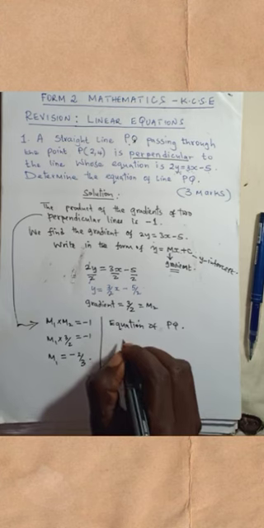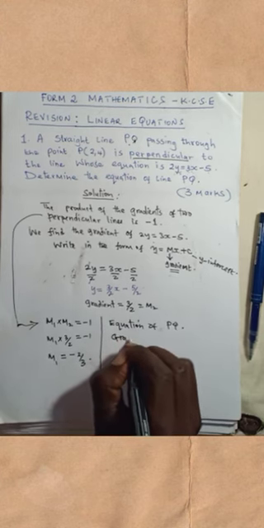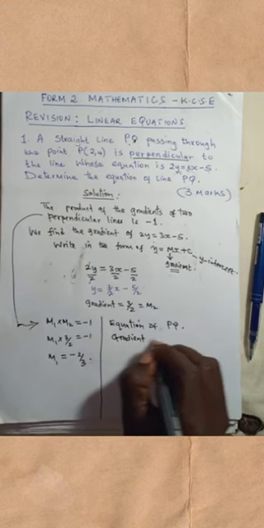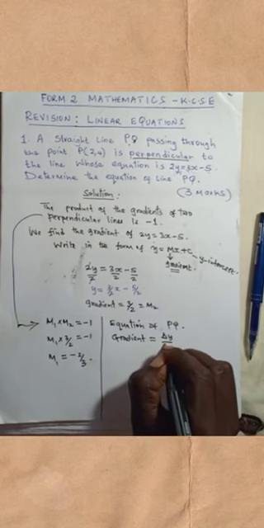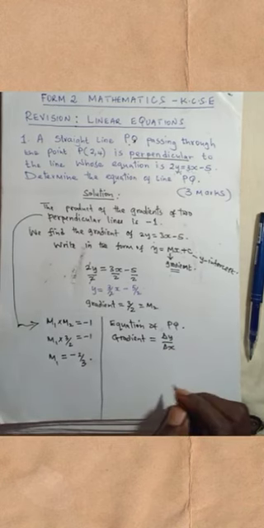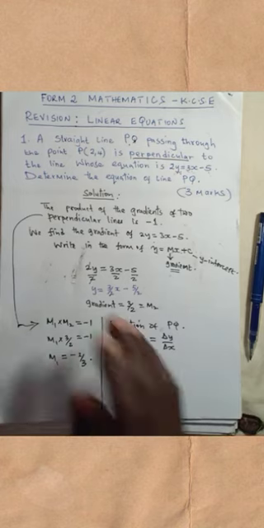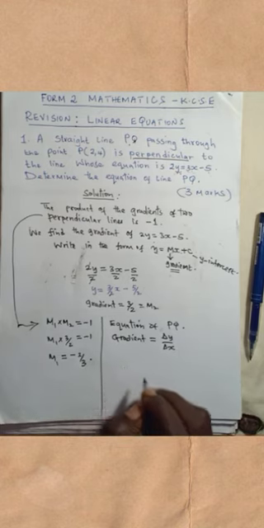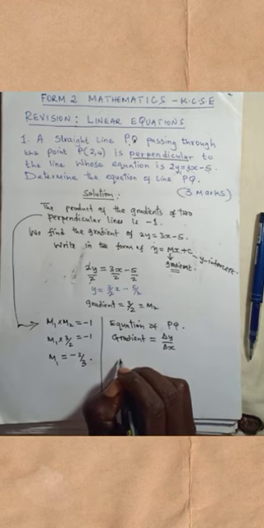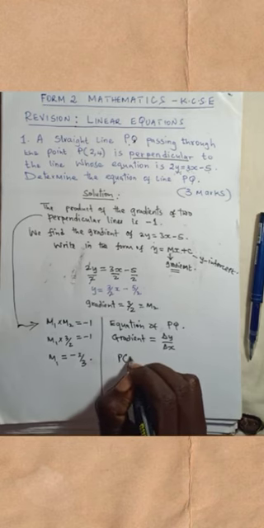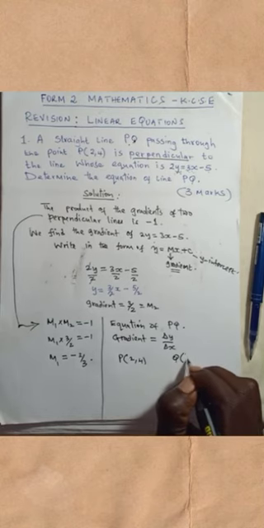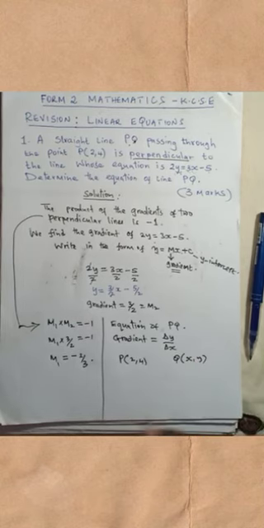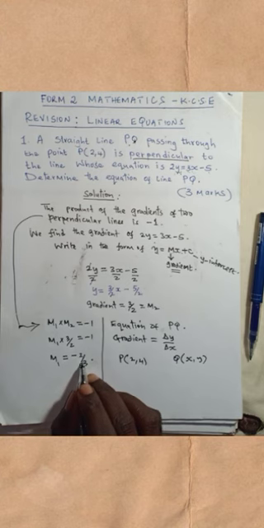We can say that the gradient of the line PQ is equal to change in y over change in x. The 2 points where the line PQ is passing through: we can take the point P, which is (2, 4), and take an arbitrary point Q, let's say (x, y). And of course the gradient is -2/3.